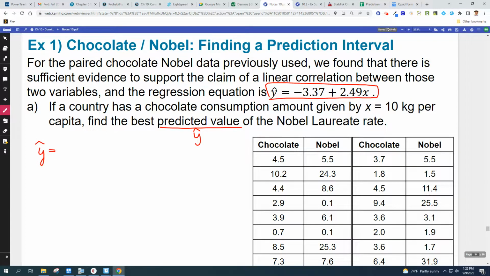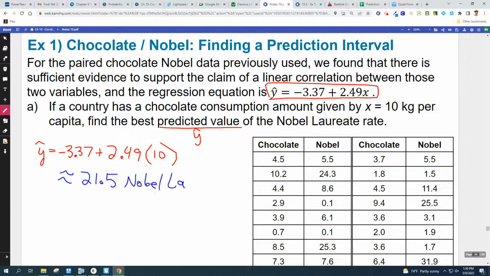And so all they want me to do is plug in 10. We're finding the predicted y value if that x value was given to us as 10. You plug in that x value, and we would get approximately 21.5 Nobel laureates, and that was per 10 million people.